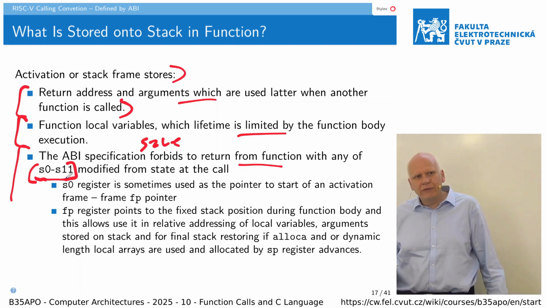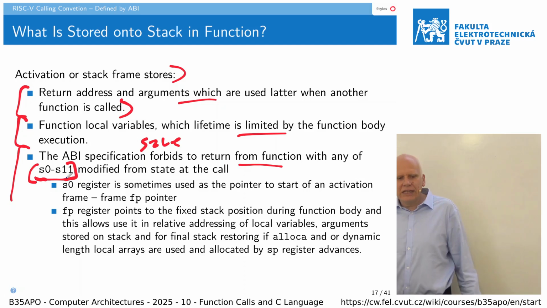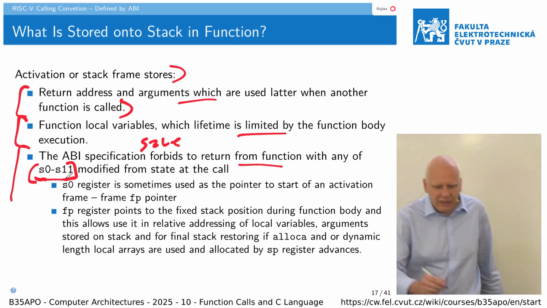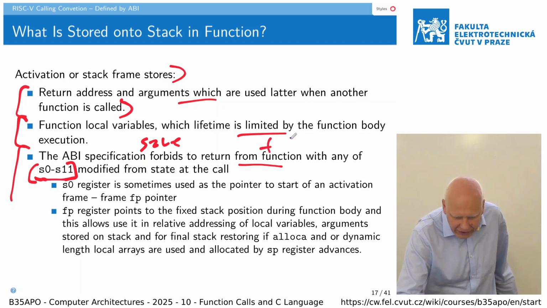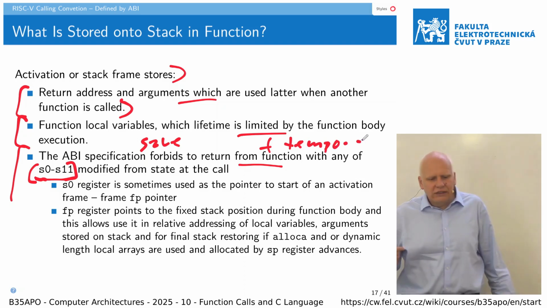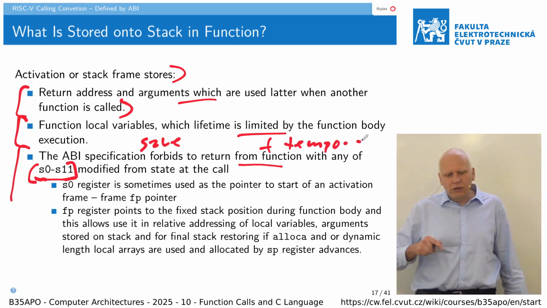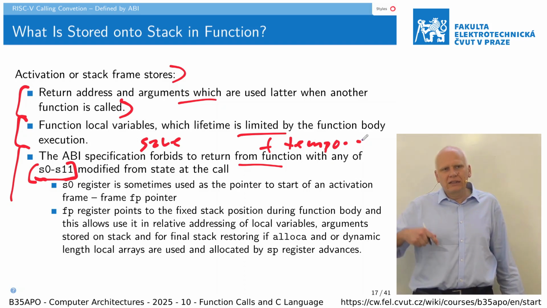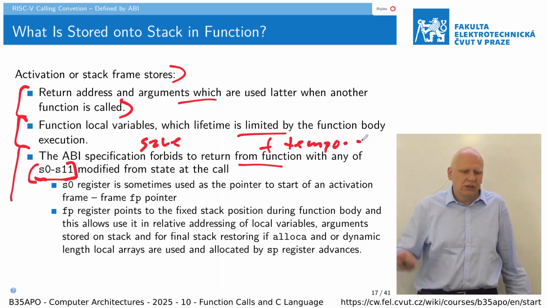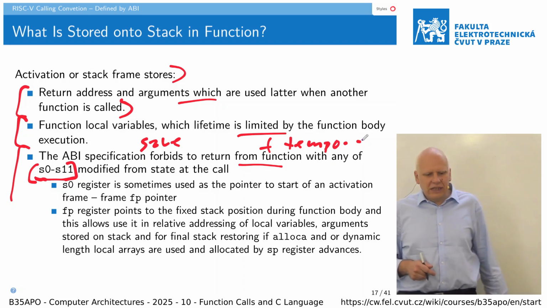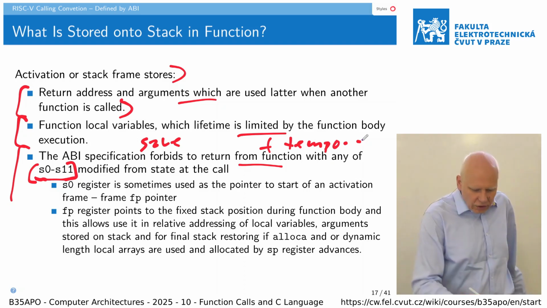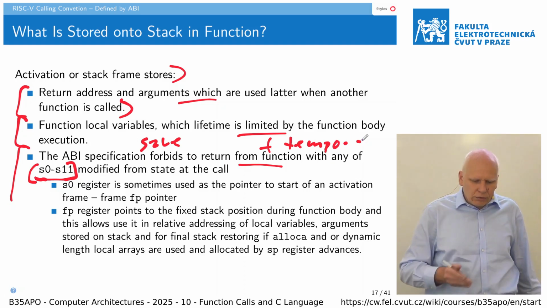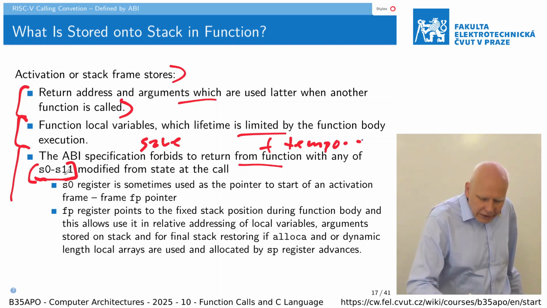Then you can use them for local variables. They have an advantage compared to the T, temporary, registers, in that they are not overridden by calling functions, but in this case it is your task to ensure that you return with the previous values.